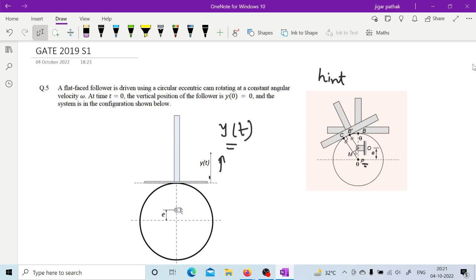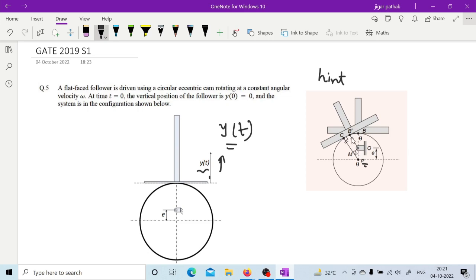See, how your follower is going to travel in that particular direction, as mentioned here. Two different configurations are given: one is OB and the other is OB dash.